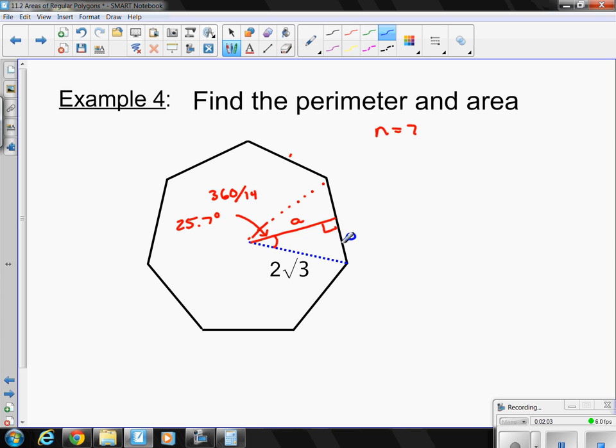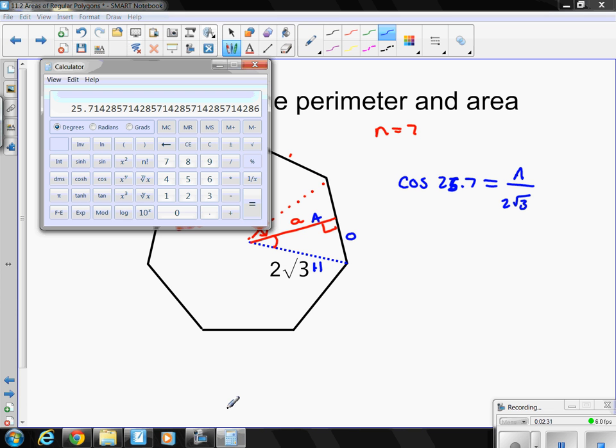Now I can use this. This is my angle, this is my opposite side, hypotenuse, adjacent side. So I'm going to use the cosine of 25.7, that's a 25.7, apologize, equals adjacent over hypotenuse. Let's see if I can put all that into my calculator. I want to take the cosine of that, and now I want to multiply it.